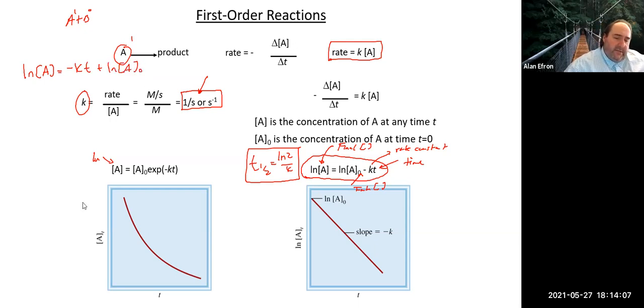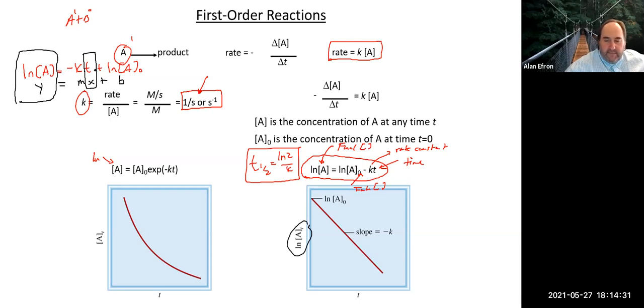That equation is written in the form of a straight line, y equals mx plus b. That means the typical graph we associate with first order has the natural log of A on the y, and time on the x. If you do that, you will yield a straight line like we see here.